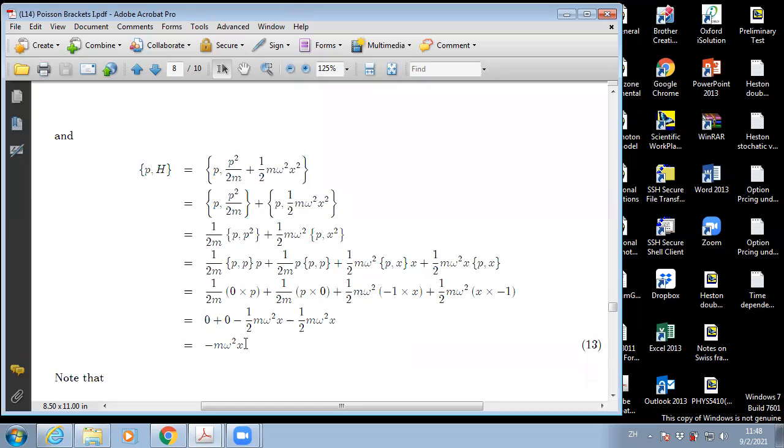And then we collect all the like terms, and finally we realize that the Poisson bracket between p and h is equal to minus m omega squared x.